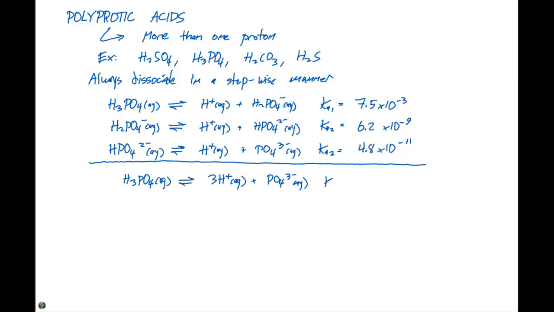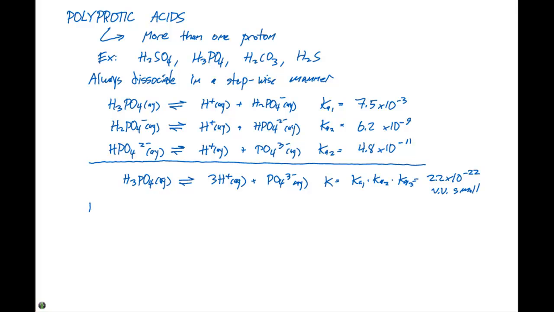Our K for this is going to be equal to Ka1 times Ka2 times Ka3, and that's going to equal 2.2 times 10 to the minus 22. This is very, very small, which indicates that our reaction is going to be heavily reactant favored. The equilibrium lies over to the left.